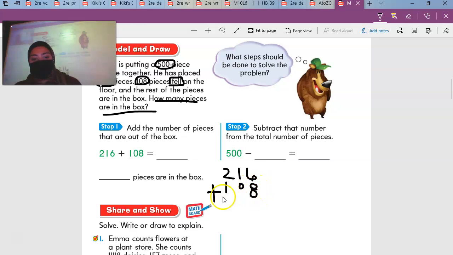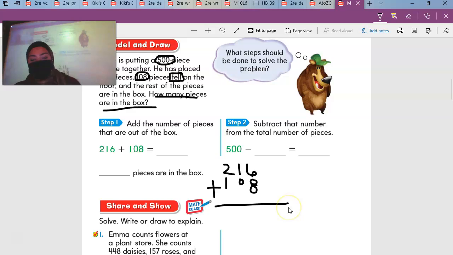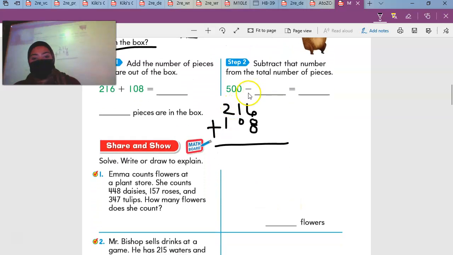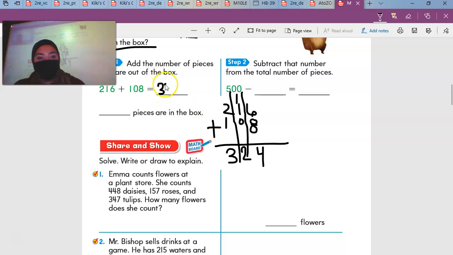Okay, first we have to add the ones place. 6 plus 8 is 14. 1 plus 1 is 2, plus 1 is 3. 324 is what these numbers make together. So there are 324 pieces out of the box.